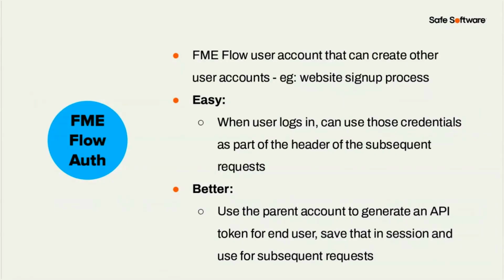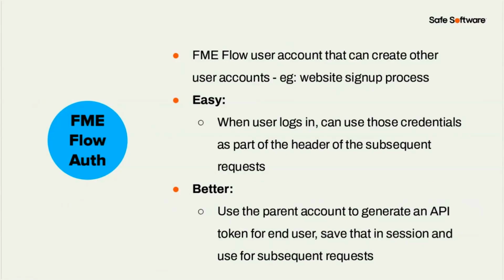The easy way is a user logs in, and they can use the parent set of credentials for everything as part of the header for subsequent requests. The problem is you don't necessarily know who that user is. And so that's where you use this parent account to generate an API token for the end user. You return that token to the end user in the web application or the tool that you're building, and you save that as a cookie, or save that as an environment variable, and use that for the subsequent requests, so that the individual requests being made by the user are being done under their own name.